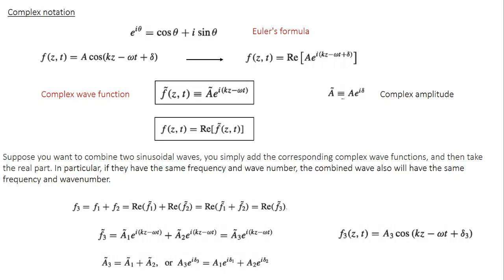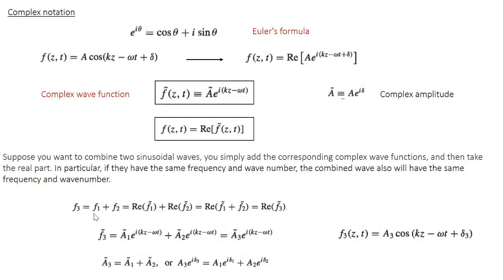Now, once you write the wave function in the complex notation, if you want to combine two sinusoidal waves, you simply add the corresponding complex wave functions and finally take the real part. You will have to do this when you talk about superposition of waves.